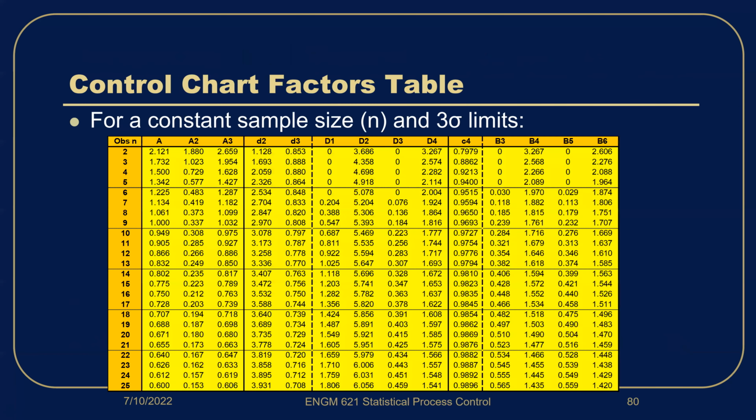Pay attention, Appendix 6 only gives us the factors for the 3 sigma limits computation. If the X-bar chart and R chart do not use 3 sigma limits, then these numbers are not correct.